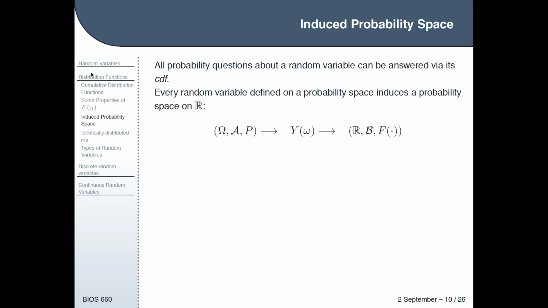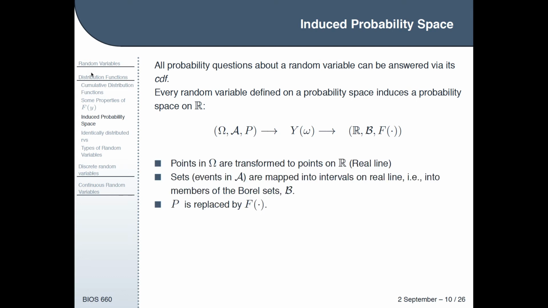And more formally, given any arbitrary sample space, set of events, and probability measure, you can create a random variable Y with a sample space on the real numbers, set of events being the Borel sets, and a cumulative distribution function defining the probability measure. Basically, you can take any abstract sample space and convert it to a random variable.